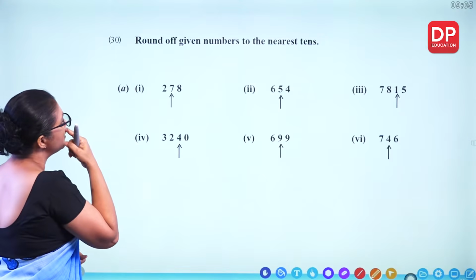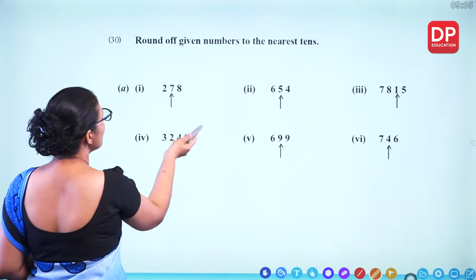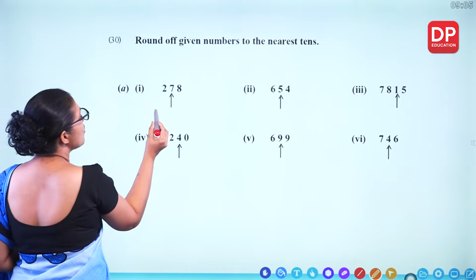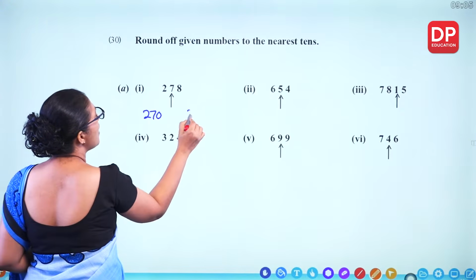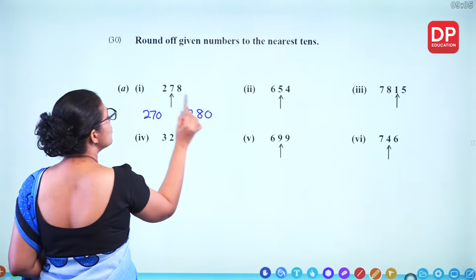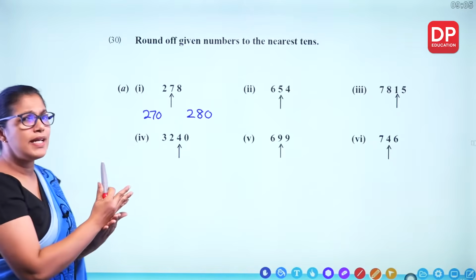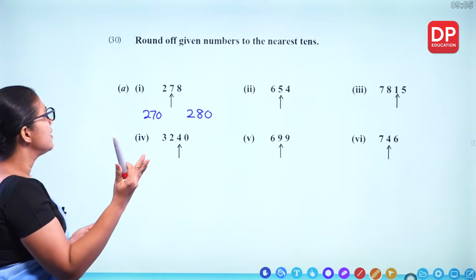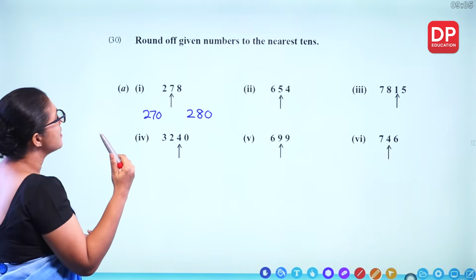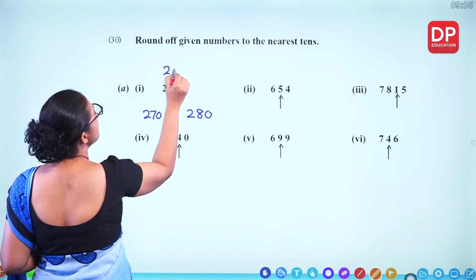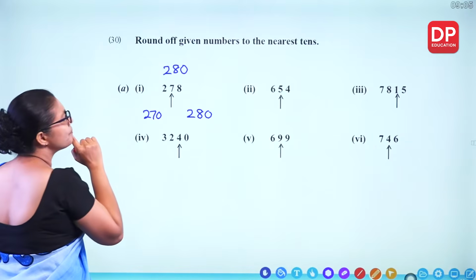So here, what are the two numbers you are getting? 270 and 280. 278 is more than the midway. So what's the nearest tens? 280.